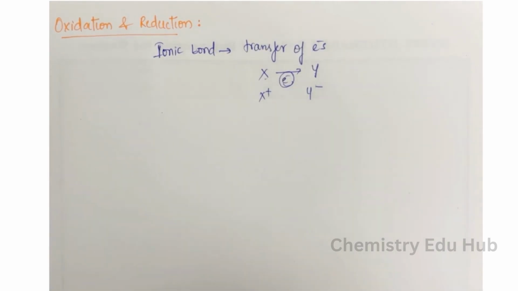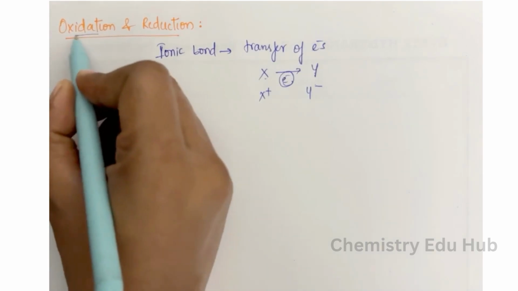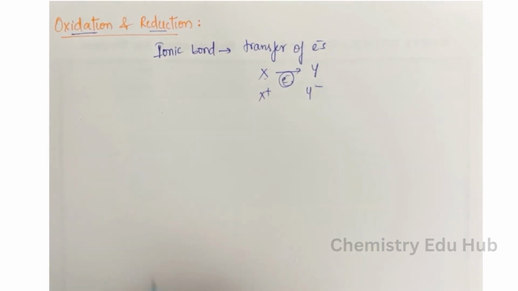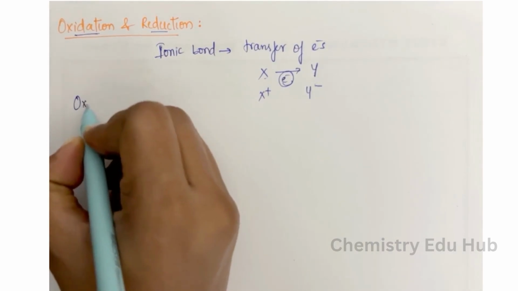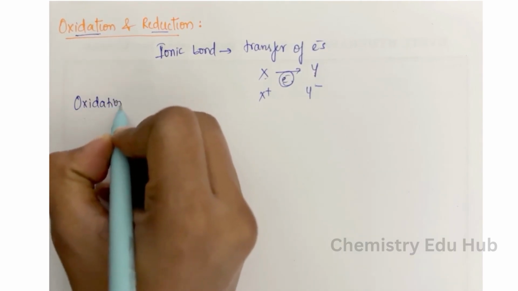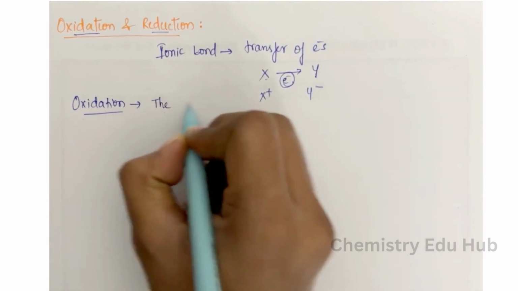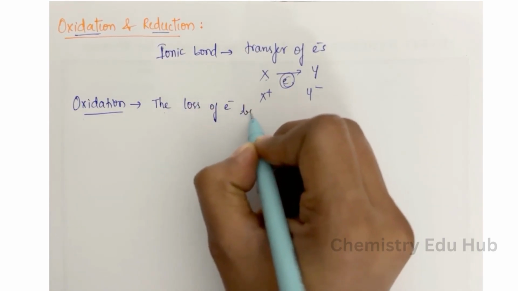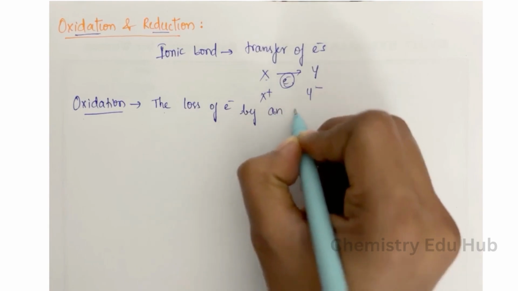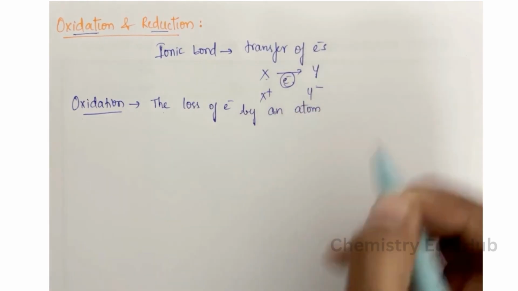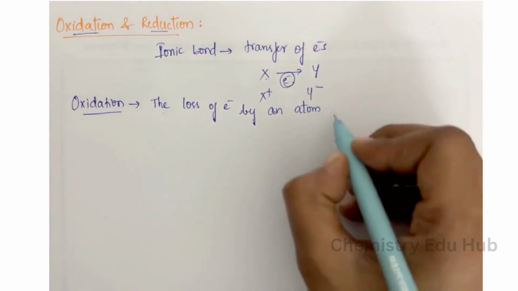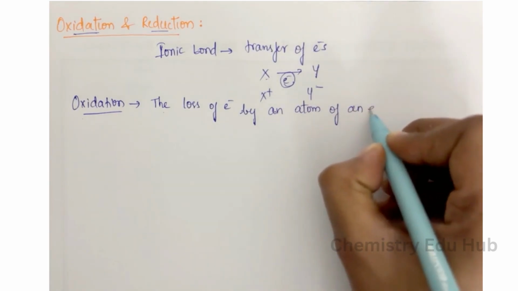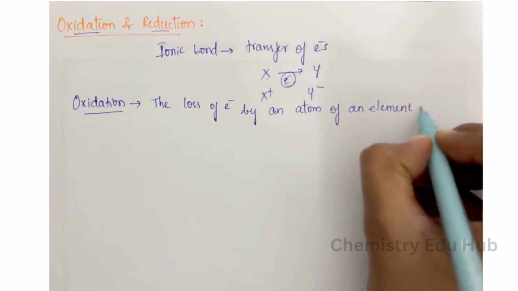So in this ionic bond formation, we understand the concept of oxidation and reduction. What is oxidation? It is the loss of electrons. The loss of electrons by an atom of an element is called oxidation.